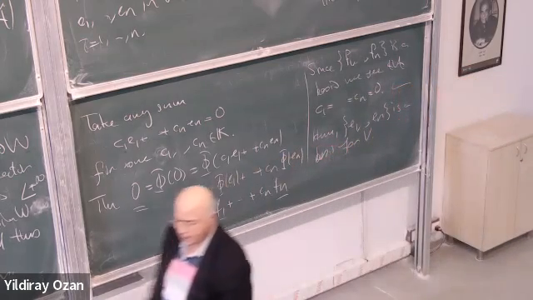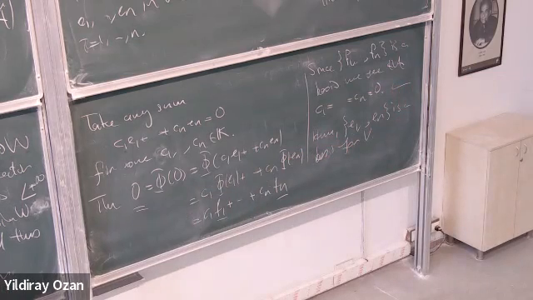So what we have is then the following. This map from V to W, and beta is the basis here: e1 up to en and f1 up to fn.